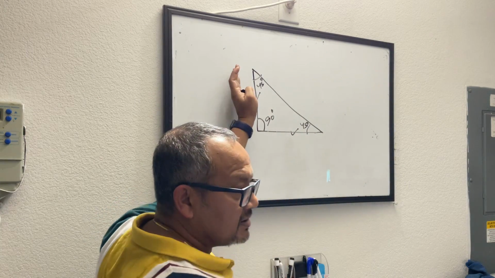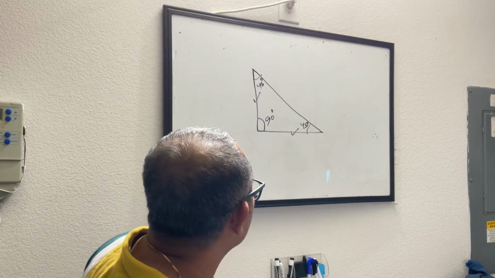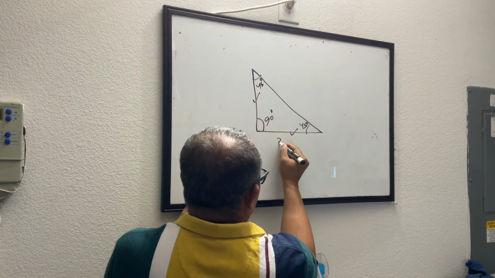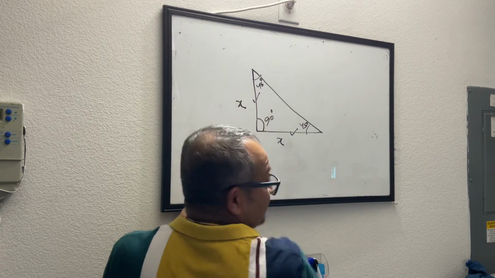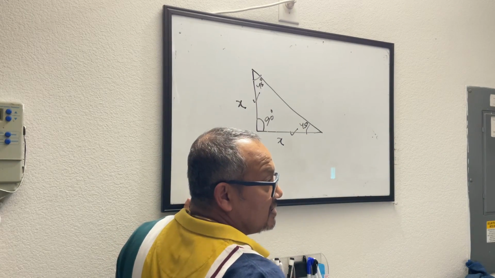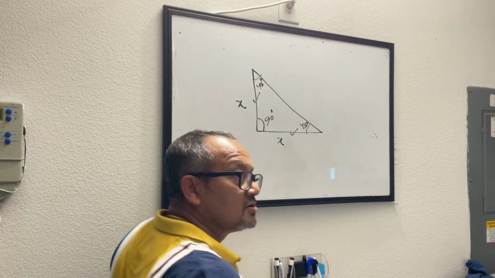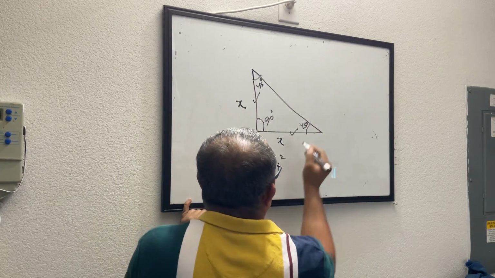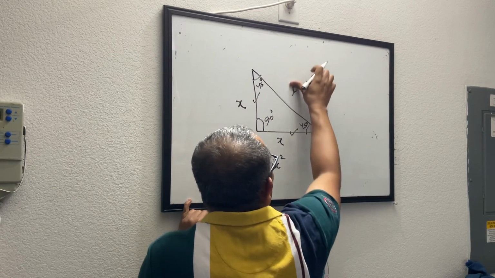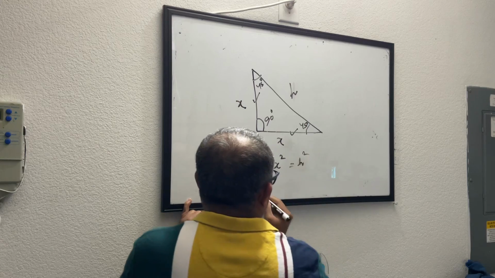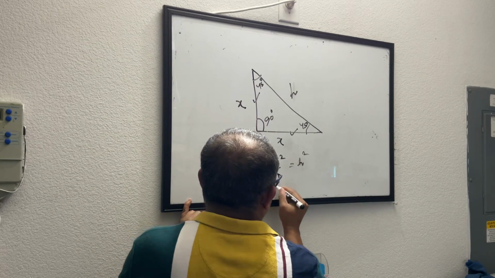So then it's x, x, and then x root 2. If this is x, this is also x, and the hypotenuse h satisfies x squared plus x squared equals h squared, so h squared equals 2x squared.